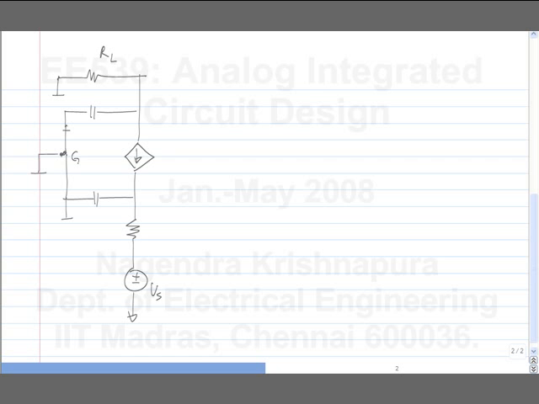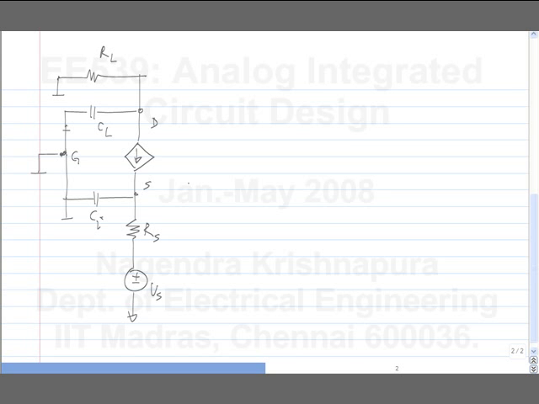Okay, so this is the gate, drain and source, CL and CI. Is this easier to analyze? His suggestion was that we analyze this circuit and it's easier. Why is it easier? So there is no coupling between the two.